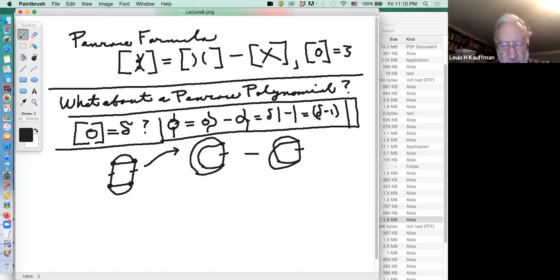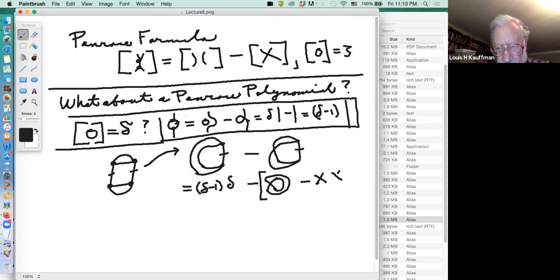So this is a little bubble of that kind. And so this is going to be equal to delta minus 1 times the value of the loop, which is delta. And this one, I think I have to expand it. And then I would get crossover and one of these minus crossover, crossover, like that.